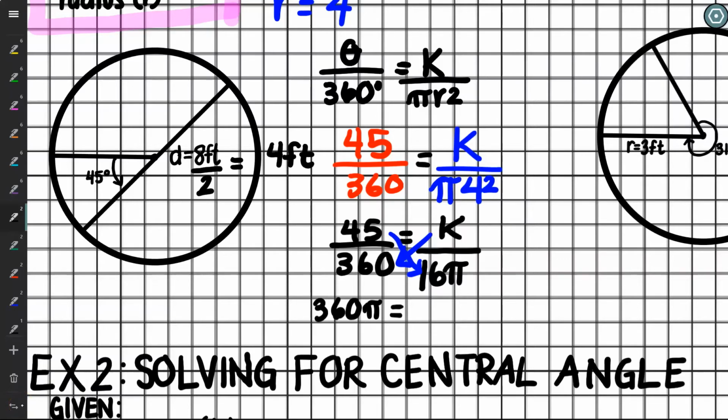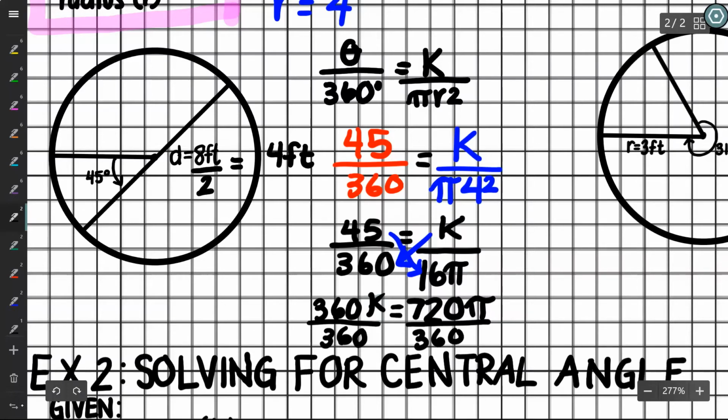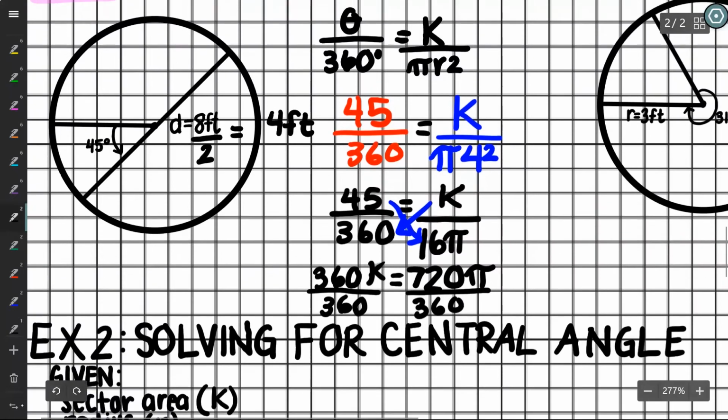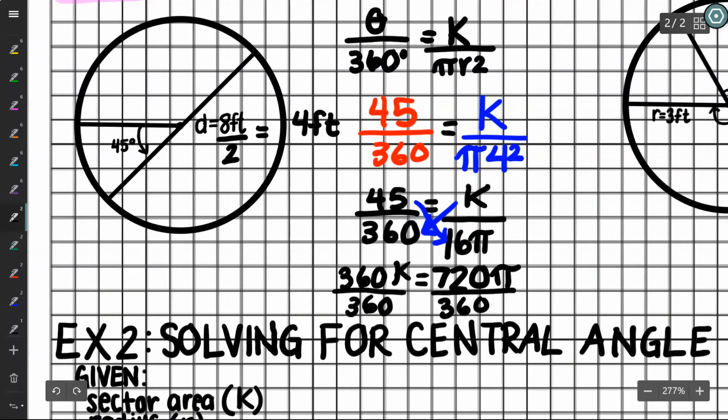And my last step would be to divide by 360 on both sides. 720 divided by 360. I'm going to write this over here because I ran out of room. So this cancels and I just have k equals 2 pi.